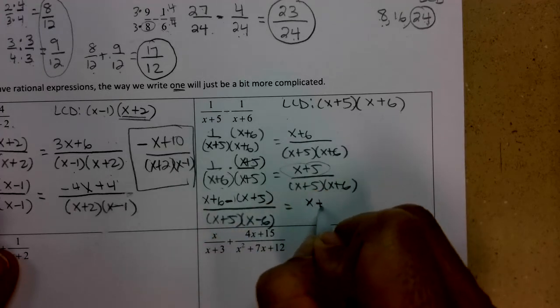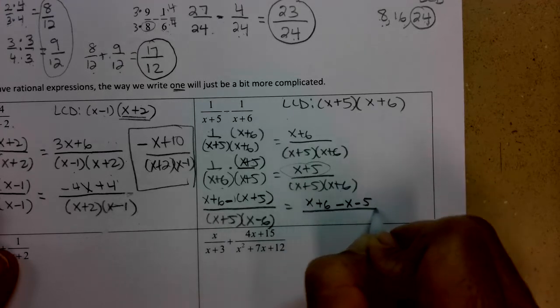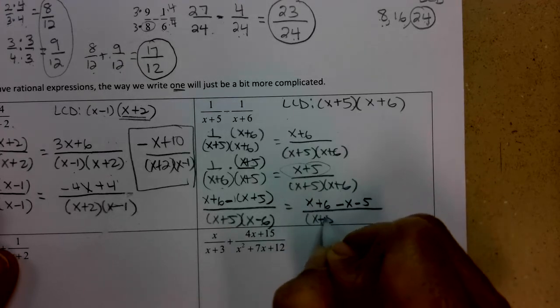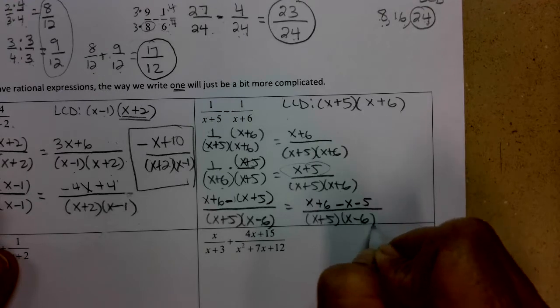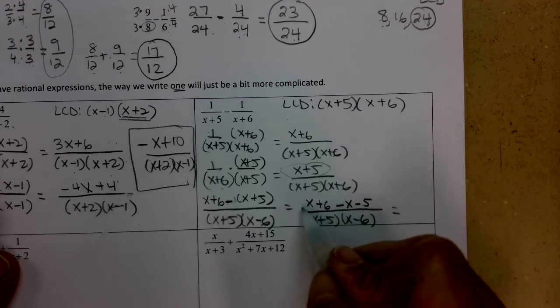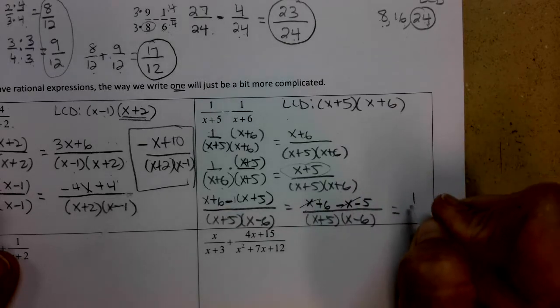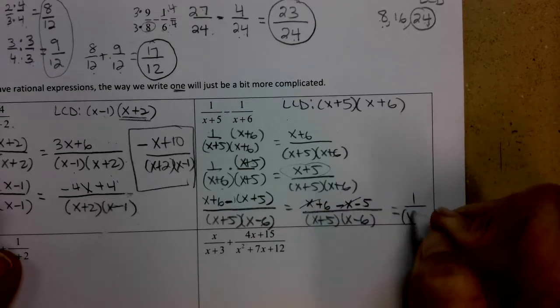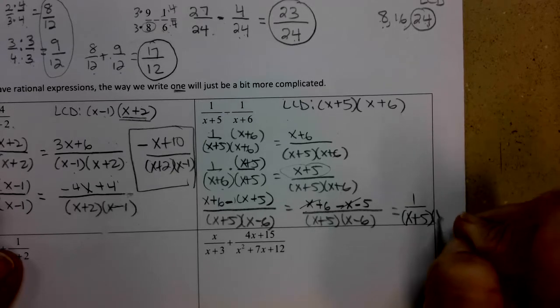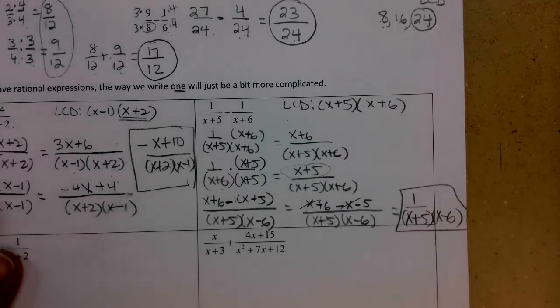So you have x plus 6 minus x minus 5 over that common denominator. Collect like terms. So x minus x, those are gone, and 6 minus 5 is 1 over x plus 5 times x plus 6.